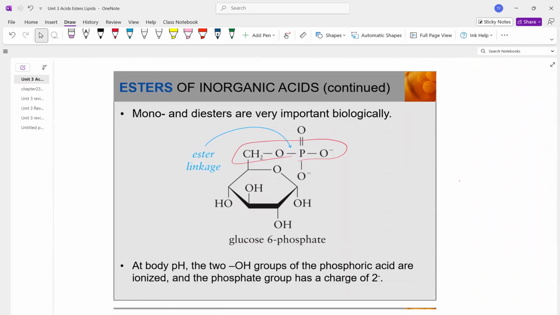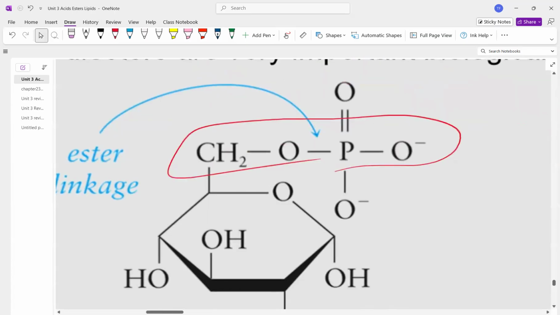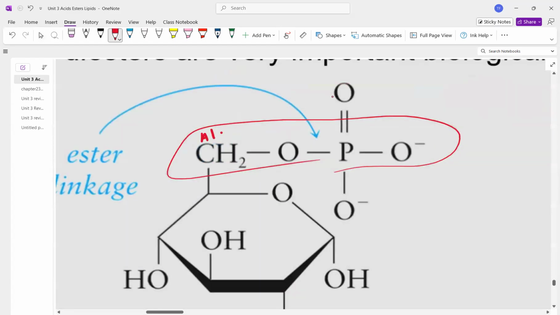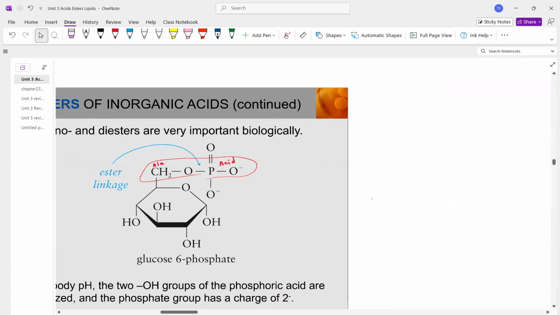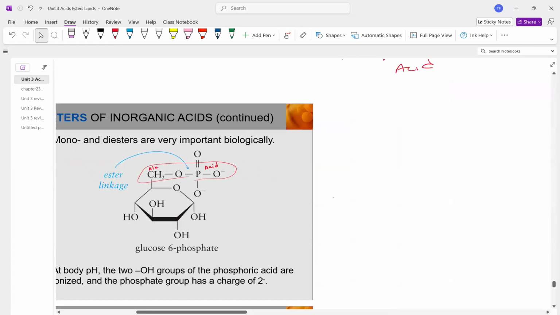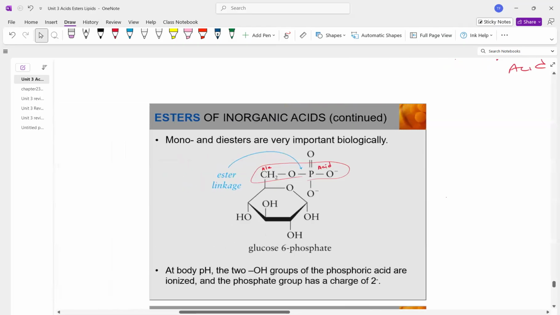What happens is the carbon number 6 OH group gets esterified with this. That's the alcohol part, that's the acid part. And then carbon number 1 is phosphorylated in the next subsequent steps.